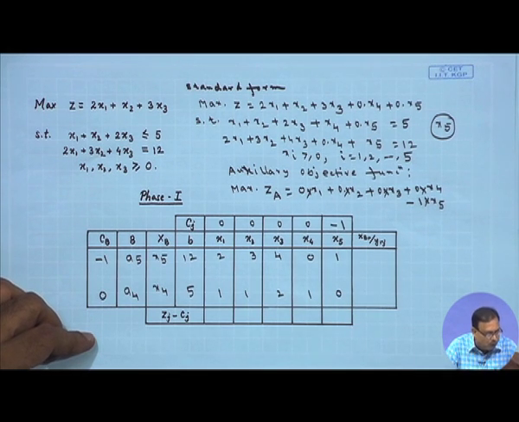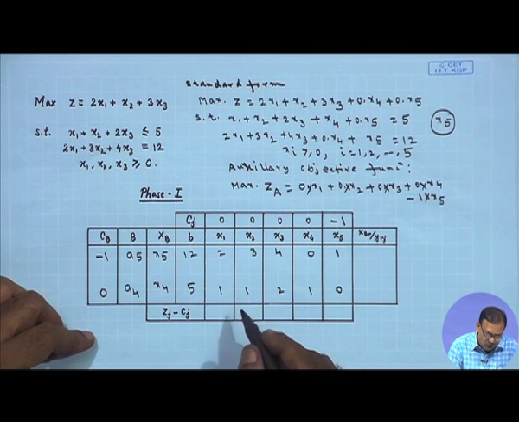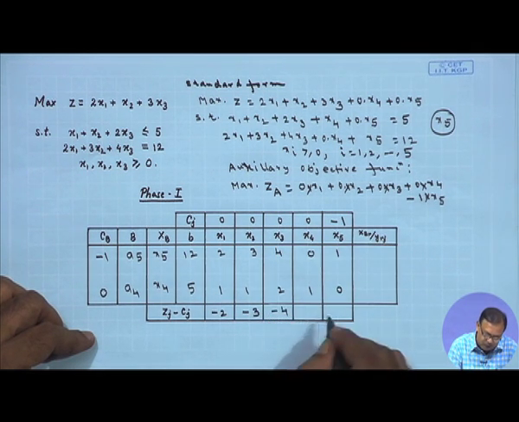Once you obtain this, you can calculate the value of Zj minus Cj as usual, and check whether Zj minus Cj is greater than or equal to 0 or not, and you will repeat the process. So, if you calculate the Zj minus Cj value, that is Cb xb minus Cj, it equals minus 2, minus 4, 0 and 0.